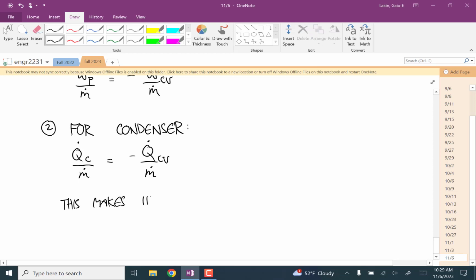This makes it easy to determine the final equation for each stage.